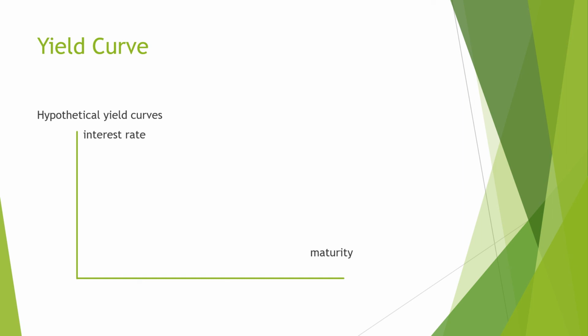Let's see some hypothetical yield curves. Let's say this is the T-bond yield curve. Then corporation yield rates are not free from default risk, liquidity risk, or maturity risk, right? So the corporation bond yield rate looks like that.